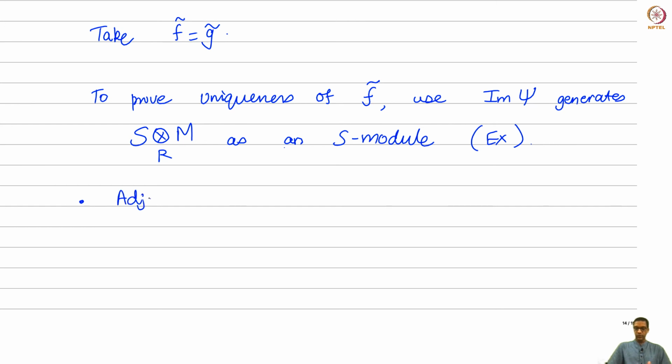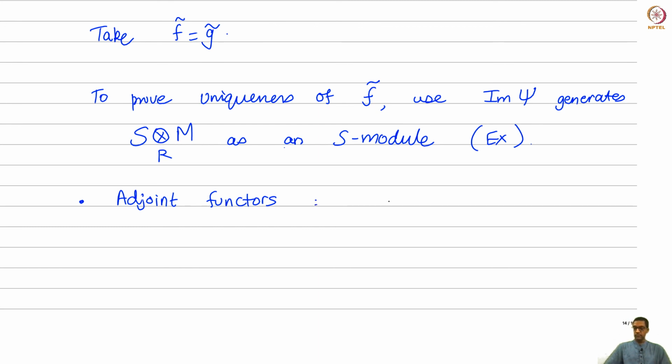You've looked at adjoint functors and so on. All of this can be phrased beautifully in the framework of adjoint functors. There are two functors here, the restriction functor and the extension functor.